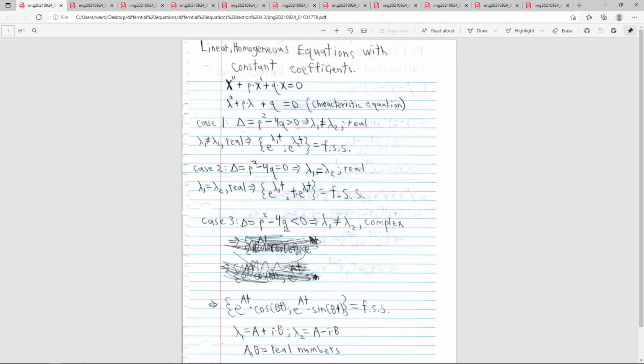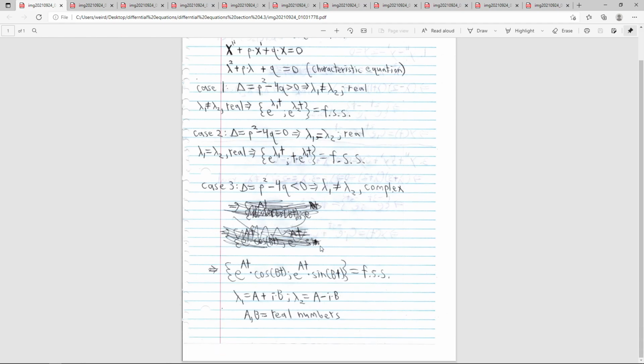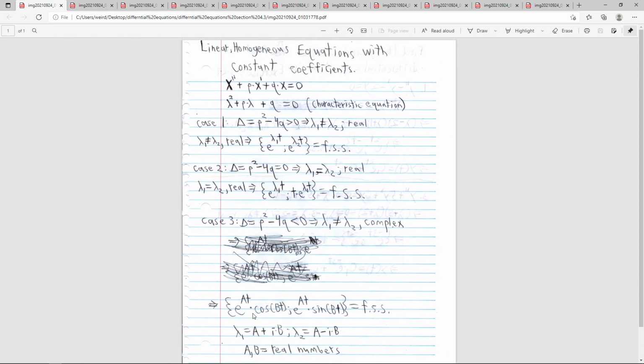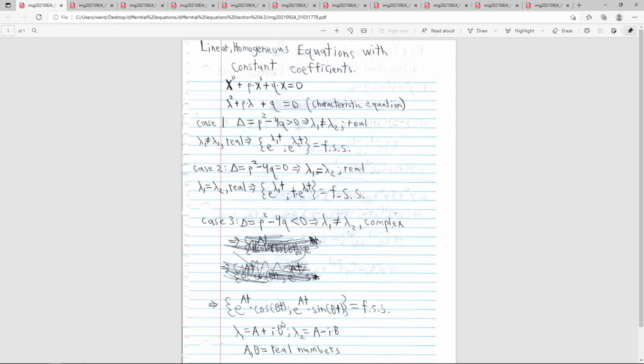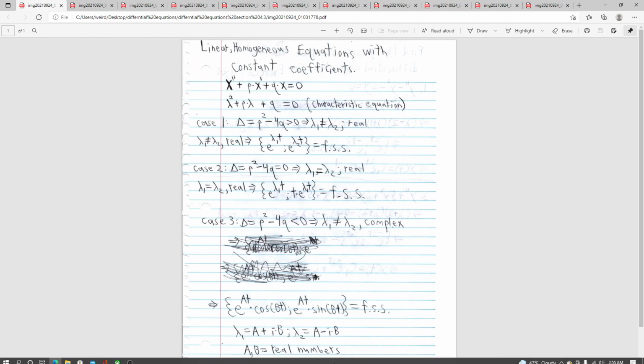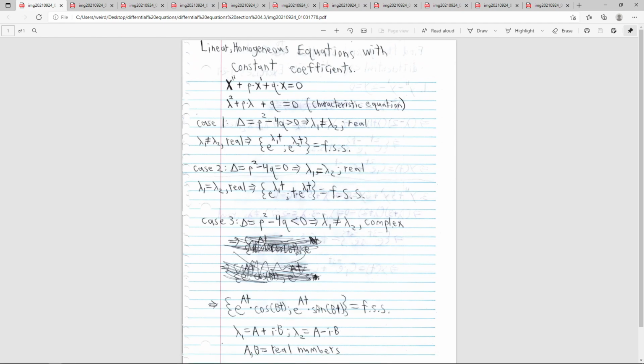And case 3 is when you have complex numbers, because the square root of a negative number means you have a complex number. Like any complex number, it's written as a plus ib or a minus ib. The roots will be plus or minus i times b, so you have plus ib and minus ib.